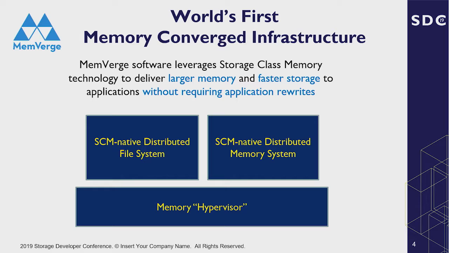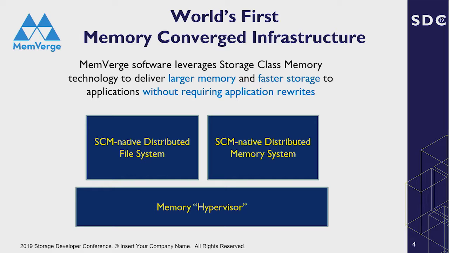So we call ourselves a memory-converged infrastructure. We're essentially a middleware, if you will. We are installed onto a set of servers that run Linux, and that have this SCM inside of the servers. And we have 3 main components in our software.